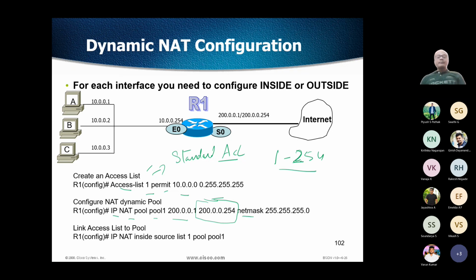And the netmask is this. Then link with the pool: IP NAT inside source list 1 pool, where pool is your pool name. You can give any name. This is the command to configure this.